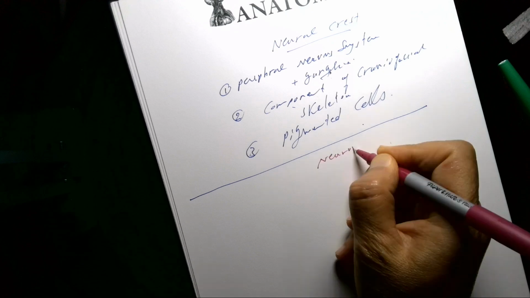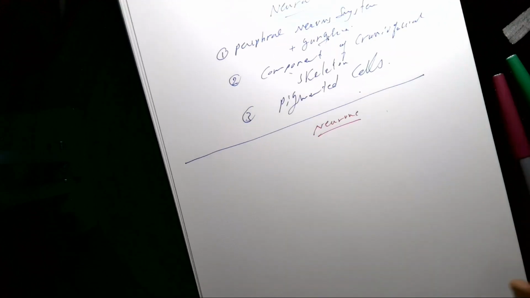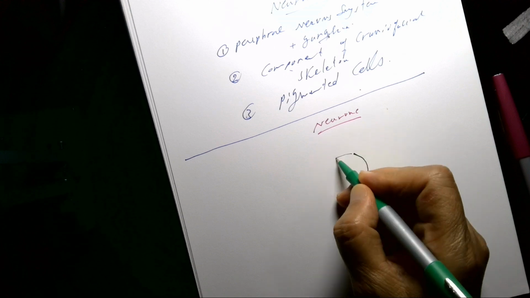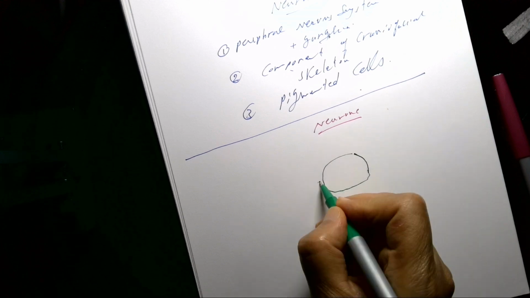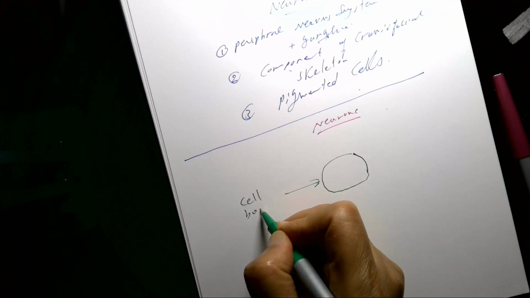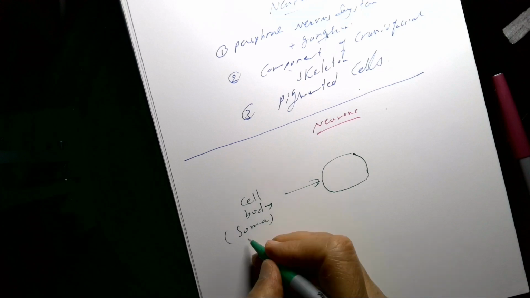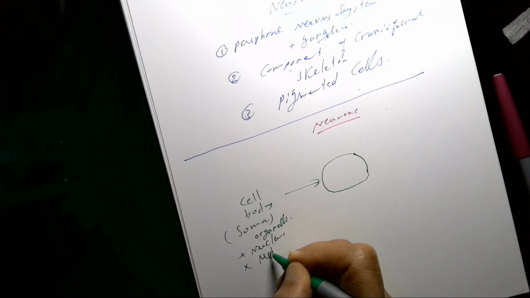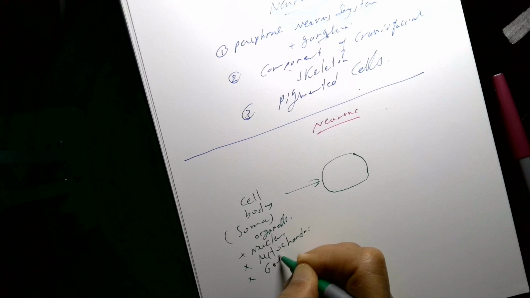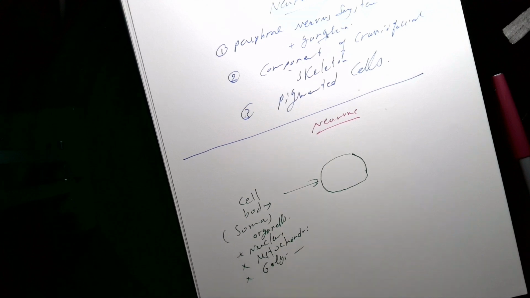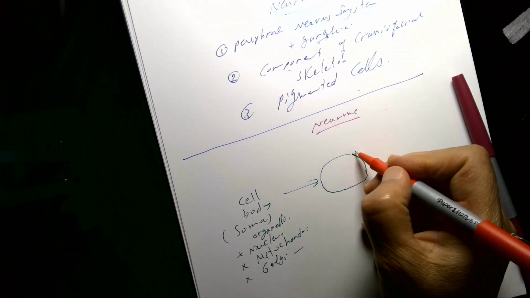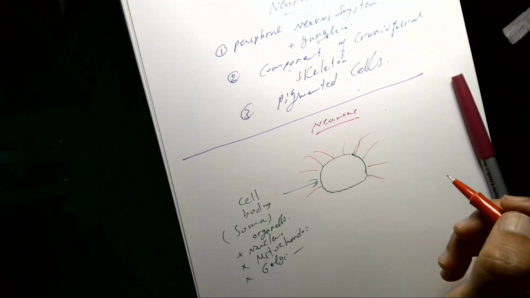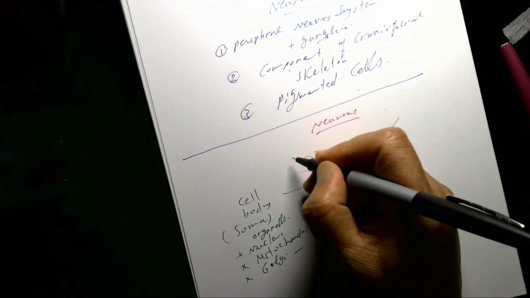A neuron is made of a cell body, or soma, that contains organelles, nucleus, mitochondria, Golgi, etc. Then out of it there are dendrites coming out of it and receiving signals from other neurons.